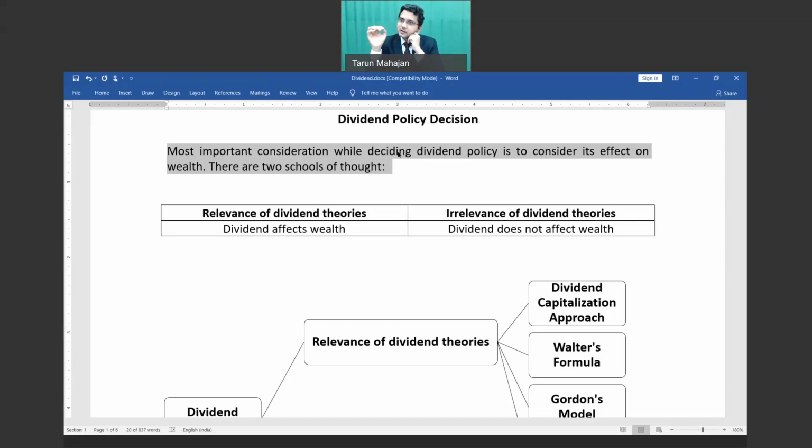So whatever financial decisions you are taking, keep in mind that this decision should result in a higher market price per share for my company. So should I give dividend or should I not? If I give dividend, how much should I give? It should be based on the fact that whatever dividend policy I choose, it should result in a higher market price. Okay. So let's see.